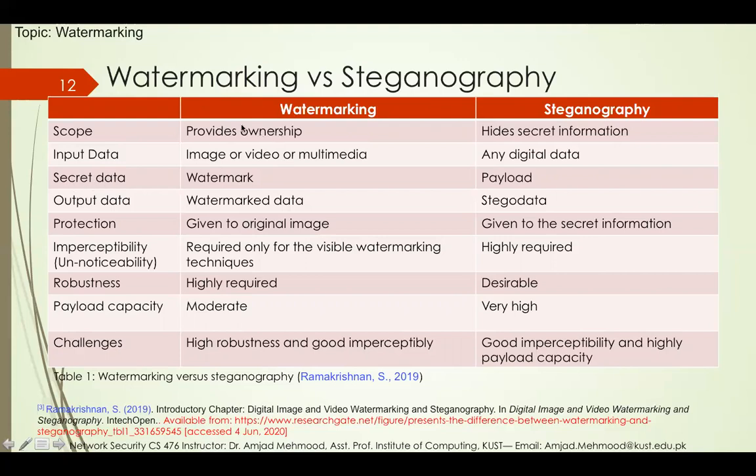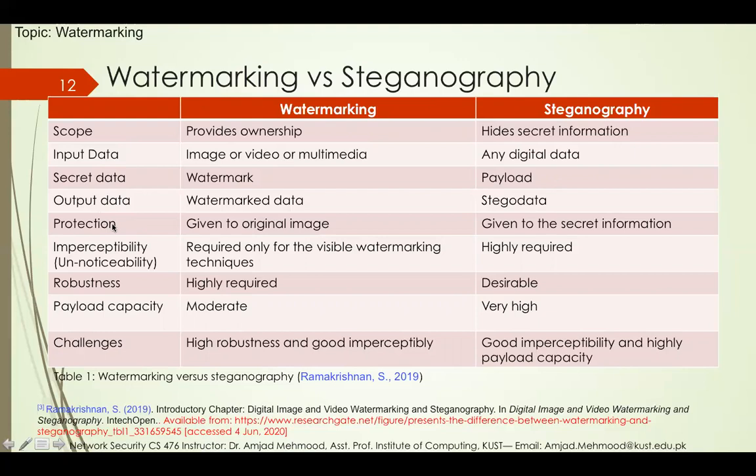In watermarking, the secret data is called a watermark, whereas in steganography the secret data is called stego data. The output data in watermarking is called watermarked data, and the output in steganography is called the payload.